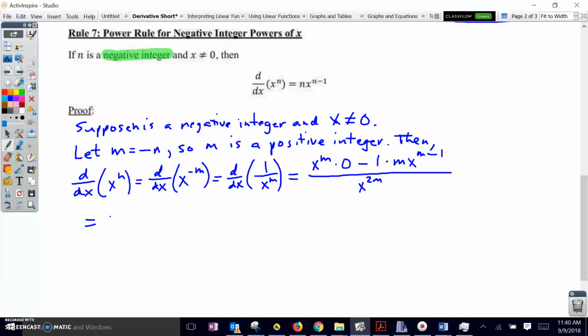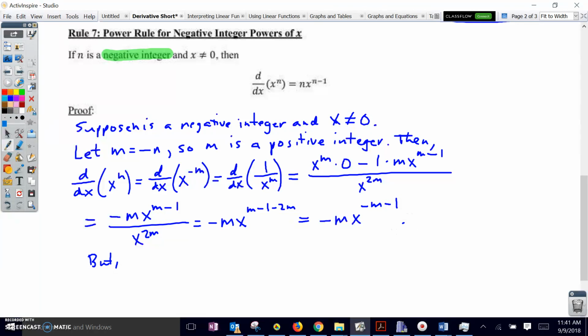Simplifying this, we get negative m x to the m minus 1 over x to the 2m. Using exponent properties, this is negative m times x to the m minus 1 minus 2m, which is equal to negative m times x to the negative m minus 1.